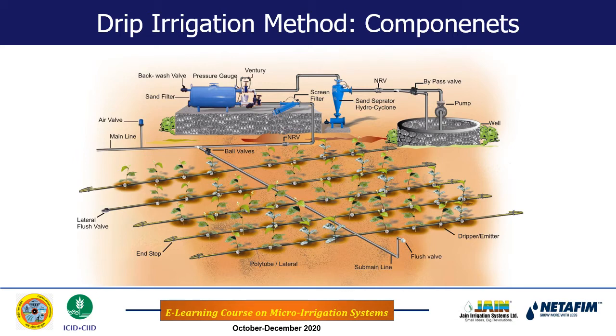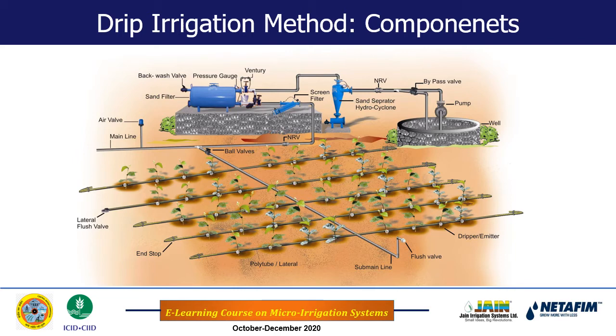The pump lifts the water from the water source at the desired pressure, and as we have to allow only the required amount of water into the system, the bypass valve will divert the excess water again into the water source.